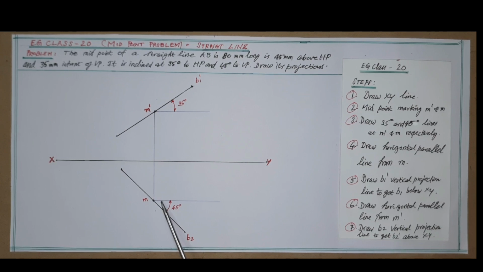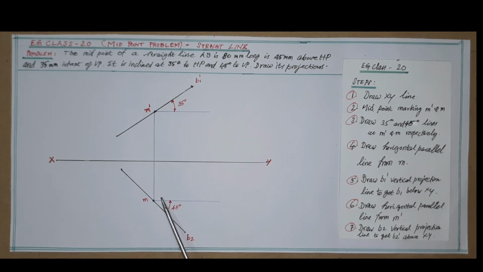The final image status of the straight line cannot be drawn in a single step without supporting steps, because it is inclined to both planes. We do it one plane at a time, considering the inclined image of the straight line in that plane only and then another plane.